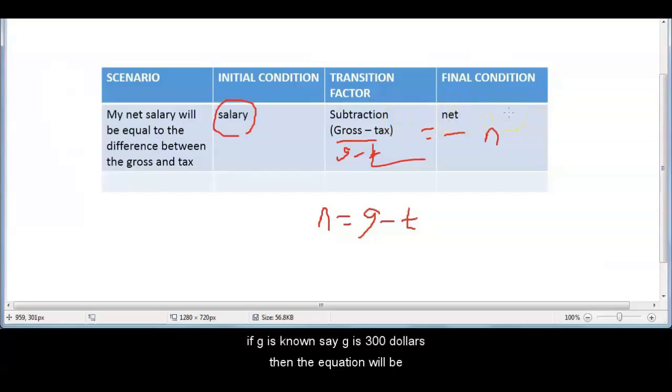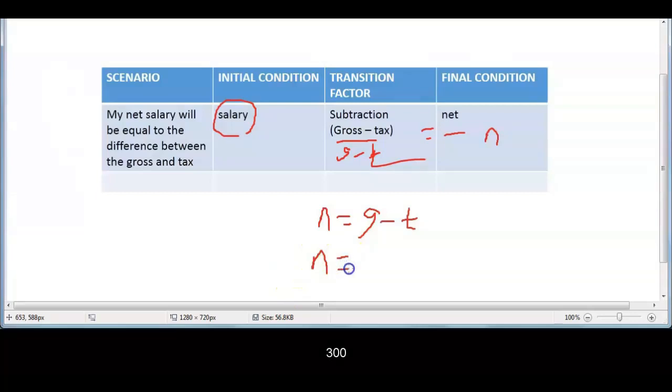If G is known, say G is $300, for example, then the equation will be N equals 300 minus T.